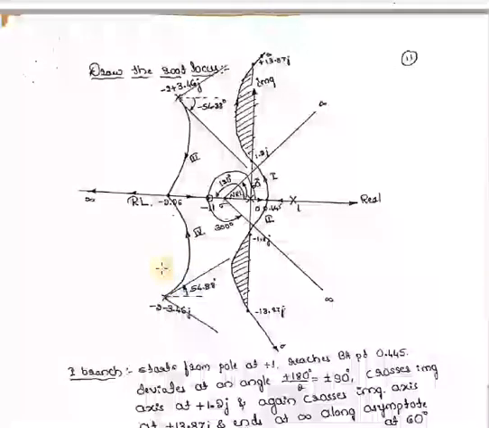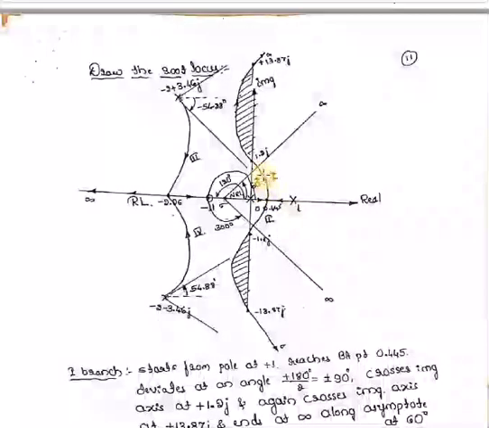Now we need to draw the roots. The first one will start from the first pole whose value is 1, that is from here it will start and it will come to the breakaway point. From there it will divert with the angle 90°. Then it will have the intersection with imaginary axis at 1.2j.